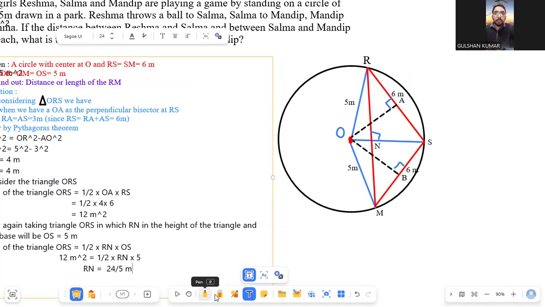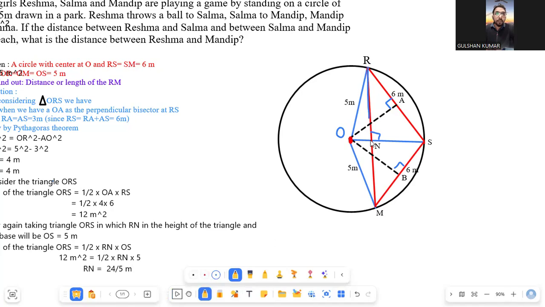When we take a marker here so that we can easily show you this one. RN, that is here.